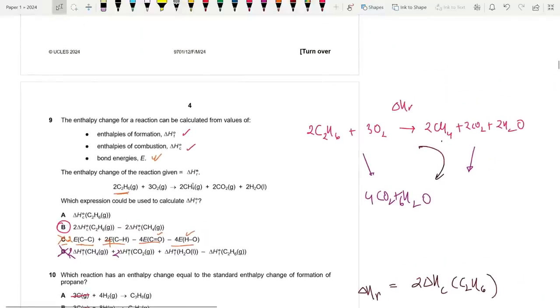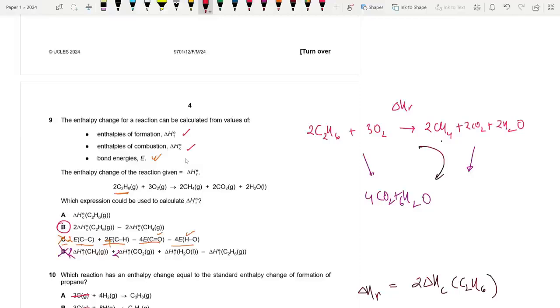So you can either find this using the enthalpy of formation, combustion, or the bond energies. Okay. So if you use the enthalpy of combustion, this is how it is. This is the Hess cycle. So this is del HR, this is the main reaction, and you can either burn CH4 or you can burn C2H6.